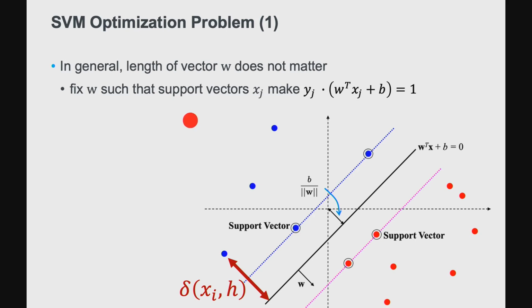Yeah, and I just mentioned that it doesn't matter how long w is. But of course, we can take a w such that exactly our support vectors, the ones that are closest to the line, make this formula become exactly 1. This is just something we can choose, and it becomes convenient if we do this. Well, we could do it differently, but that's just a convenient choice.